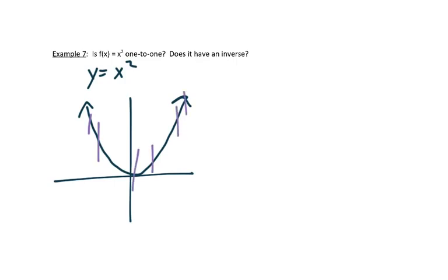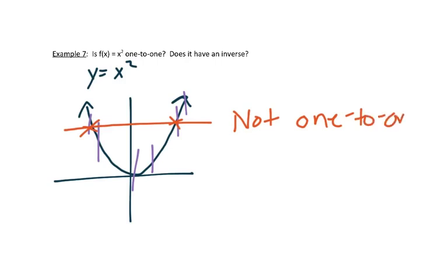So now we're going to check to see if it's 1 to 1. But if I can draw a horizontal line and it crosses in more than one spot, it's not 1 to 1. And if it's not 1 to 1, it does not have an inverse. If it is 1 to 1, it does.